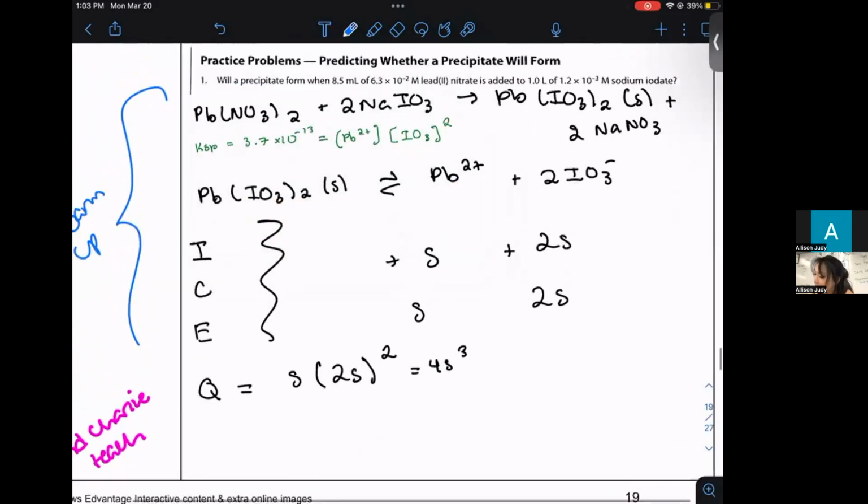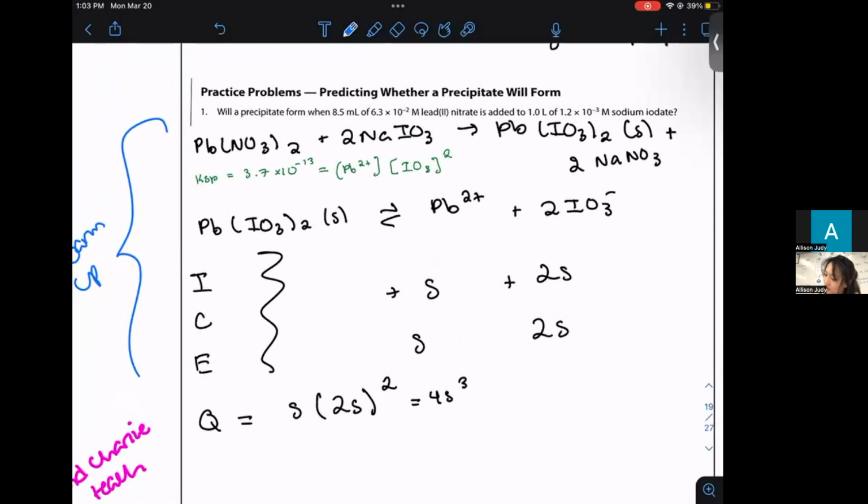It is 6.3 times 10 to the negative 2 molarity. Well, but no, you start with lead nitrate and you go to sodium. We don't have the concentration set, so we had to find the concentration. So what was your diluted molarity for each one?